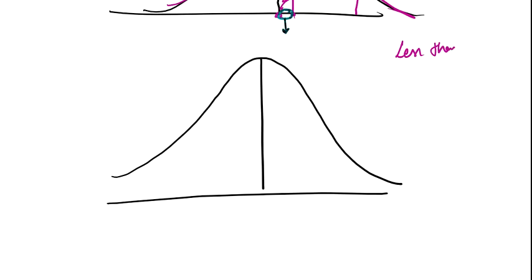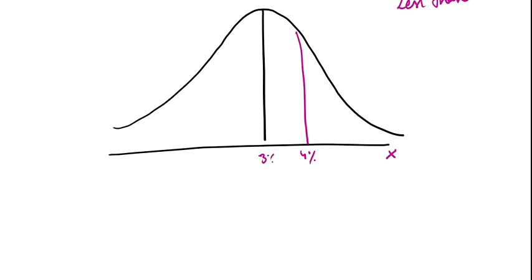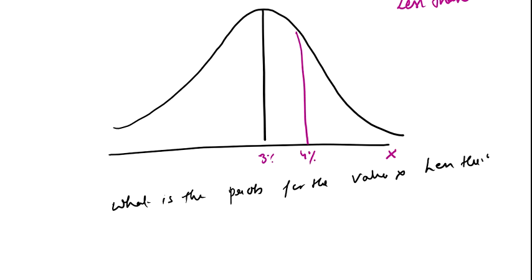Suppose this is your mean 3% and here the value on the x is 4%. If I write like this, what is the probability for the value x less than 4%?